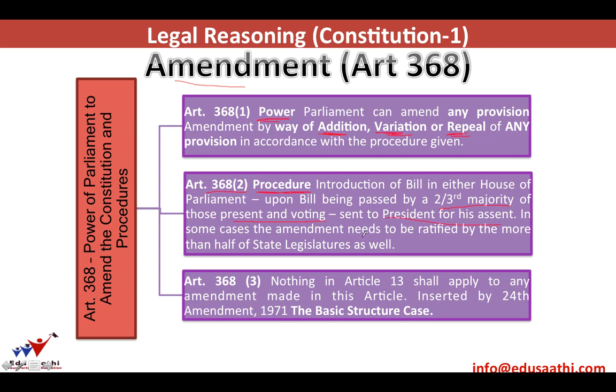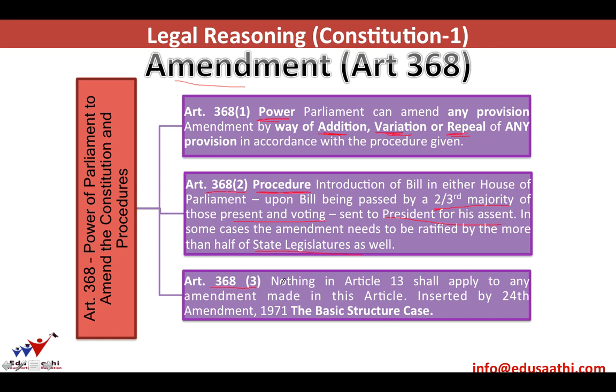In some cases, amendment needs to be ratified by more than half of the legislatures. So actually it's a two-third majority, but in certain cases it can be more than half of the state legislatures. In certain cases the state legislatures are also playing an important role in passing such bills.